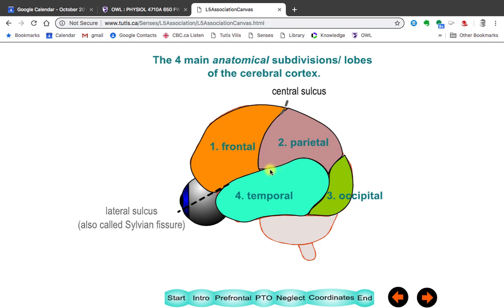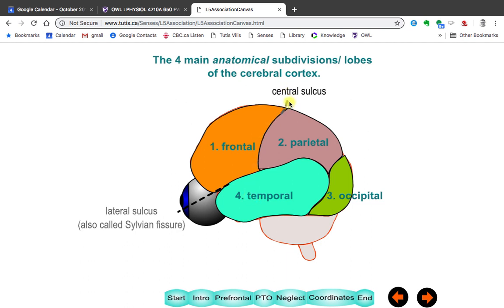An important structure here is the lateral sulcus, or the Sylvian fissure, sort of like a big, deep groove, so that this part is almost like a wing sticking out of the brain, something like a little leg that's separated from the rest of the brain.